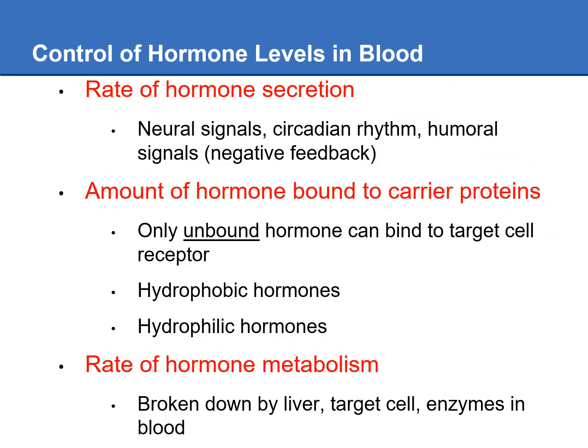There are a couple things that control the hormone levels in the blood. So first is how fast or the rate of hormone secretion, which is controlled by the things that we were just talking about. And then the amount of hormone that's bound to the carrier proteins. So remember that only the unbound hormone can bind to the target cell receptor.